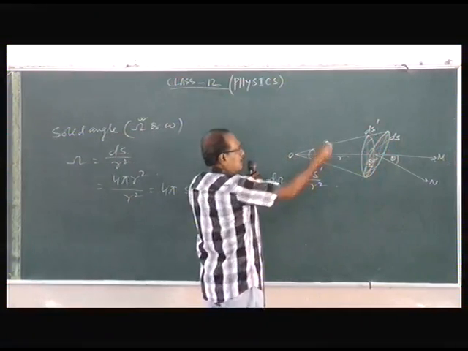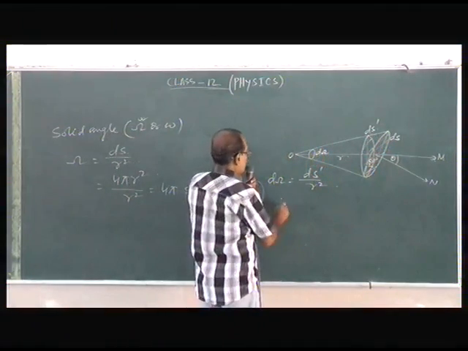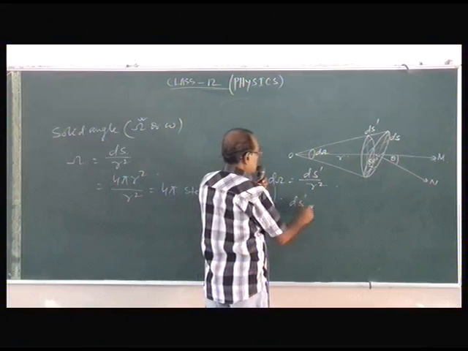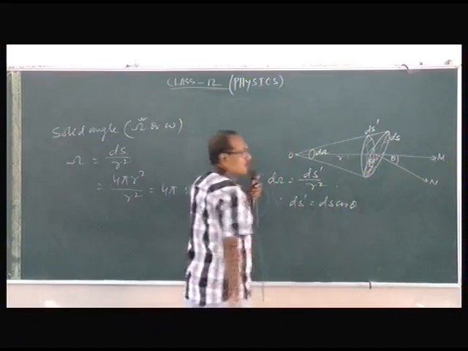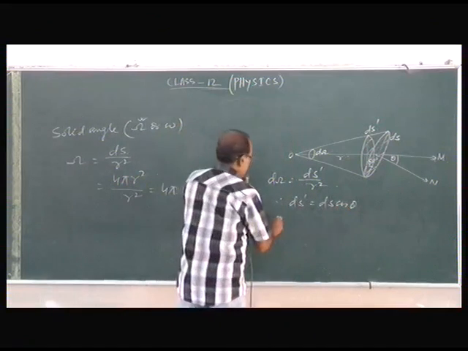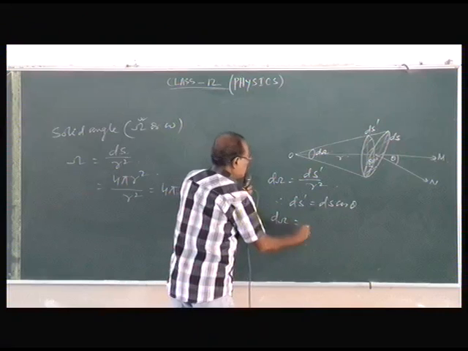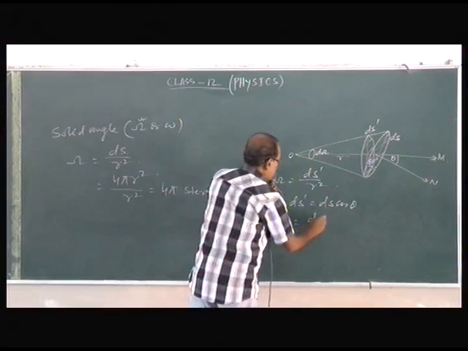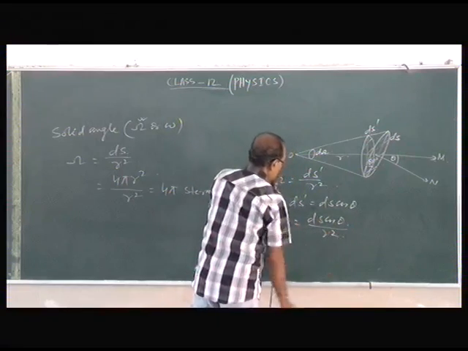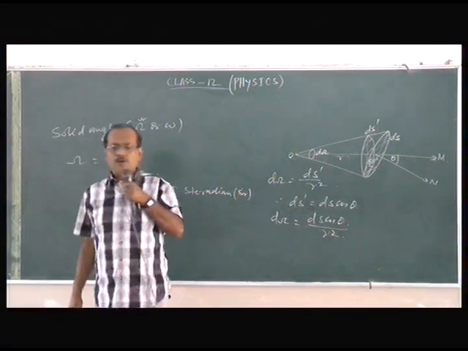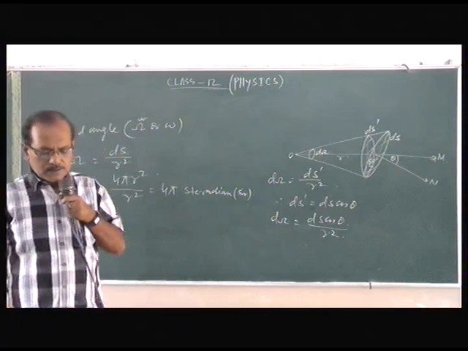The angle between ds and ds dash is theta. So therefore ds dash will be equal to ds cos theta. So that is, d omega is equal to ds cos theta by r square.